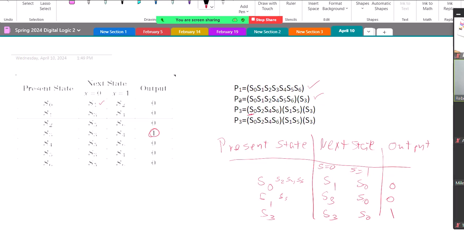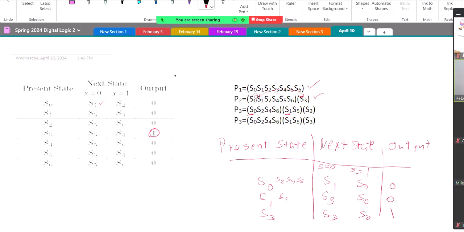So I divided up S0 and S1, and I put them in separate groups. S0 went to S1, and S1 went to S3, which is why S1 had to move.